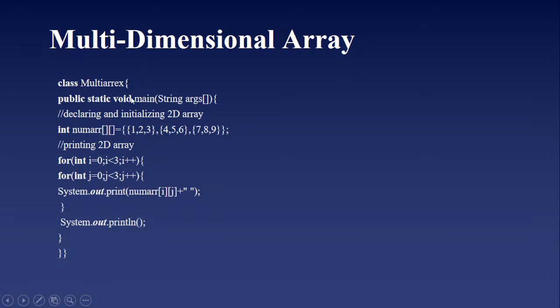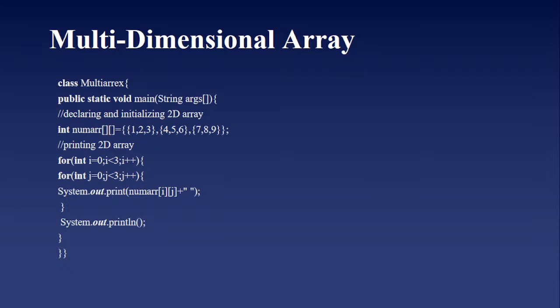Inside this, I create a main method, public static void main, where the argument is passed as a string array, String[] args. I initialize this number array of integer data type, num array, using two square brackets, the row dimension and the column dimension. Within the curly braces, I store 9 elements inside this array. This is the corresponding syntax for initializing this two-dimensional array.